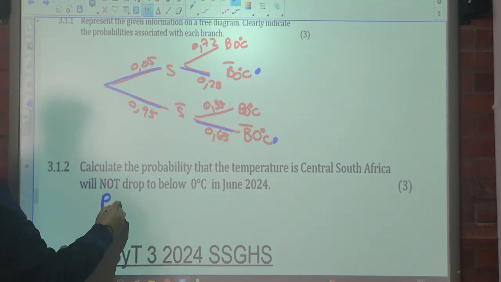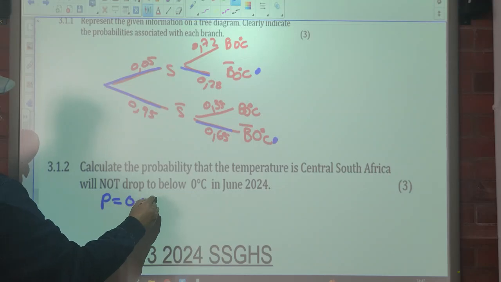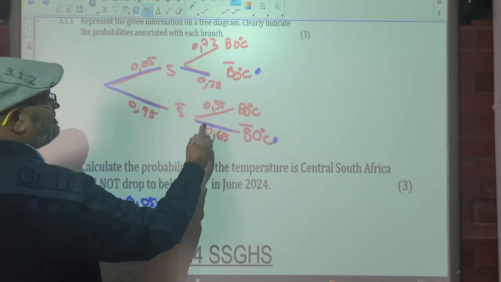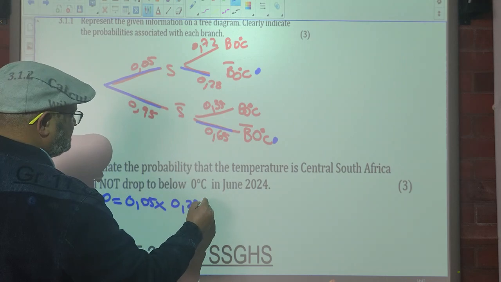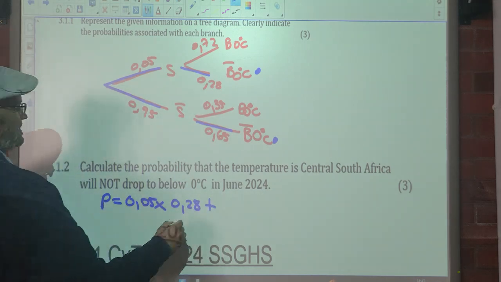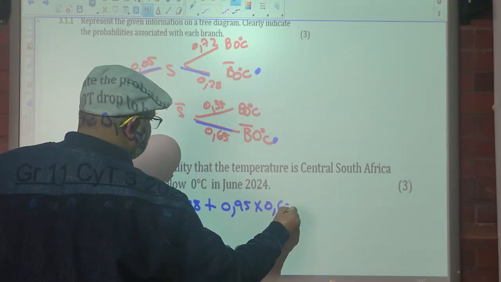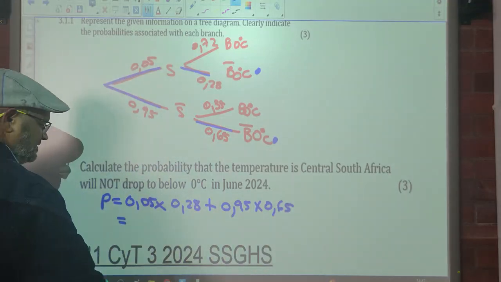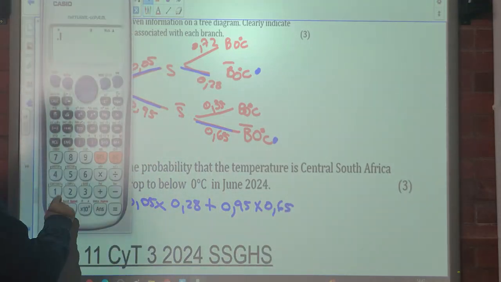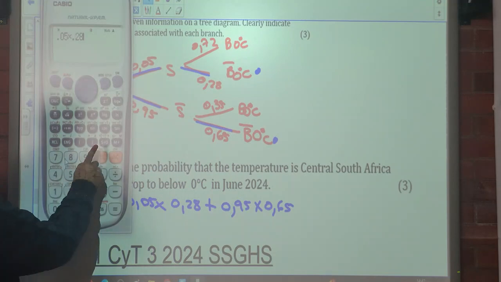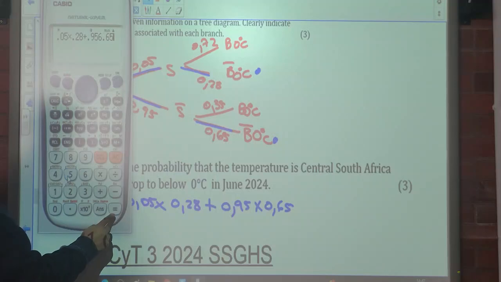The probability is simply 0.05 multiplied by 0.28 plus 0.95 multiplied by 0.65.